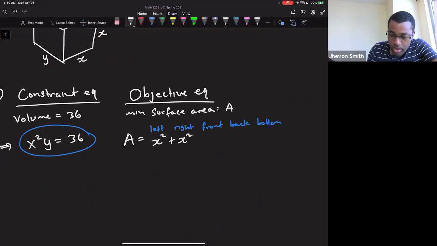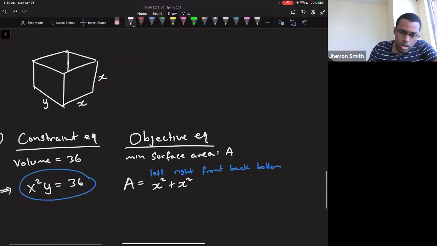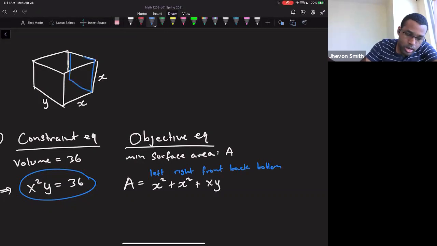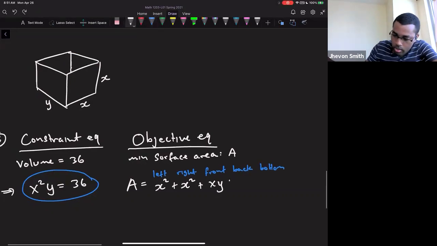Area on the right is also x squared. On the front is this side here. So that's going to be xy. The back is this guy here. So that's also going to be xy.